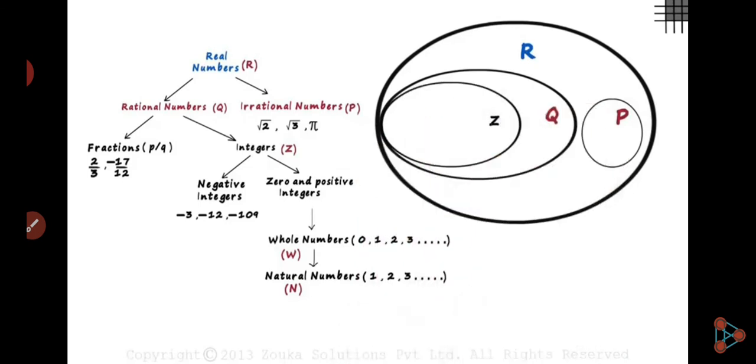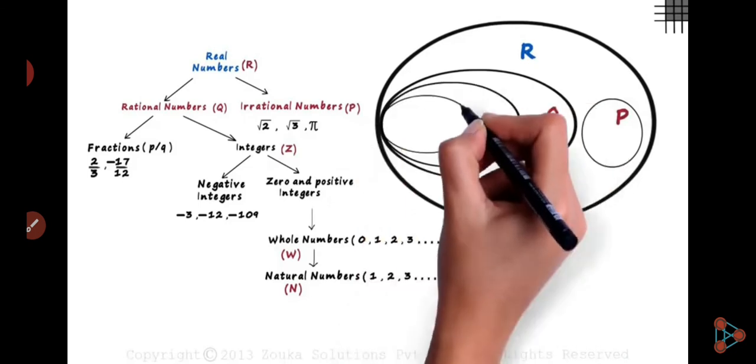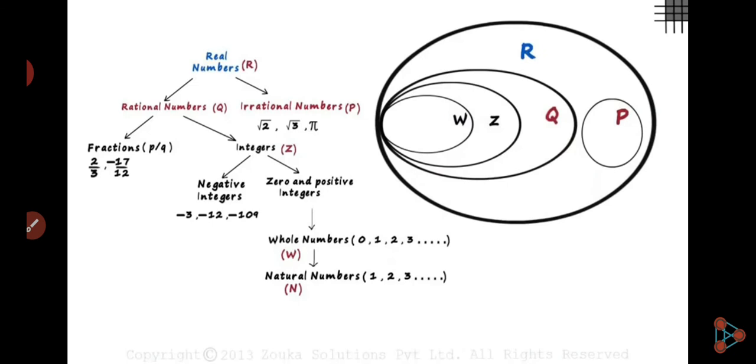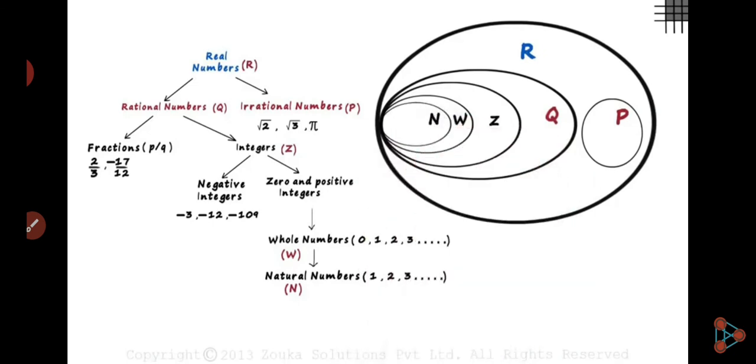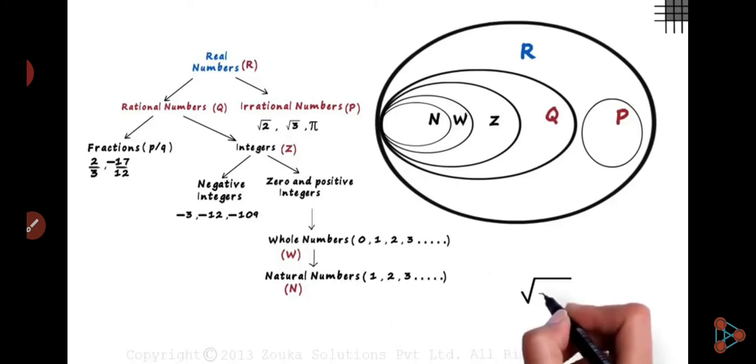In rational numbers there are integers, in integers there are whole numbers, and in whole numbers there are natural numbers. Okay, understand? So real numbers are the combination of irrational numbers and rational numbers. Okay, understand?